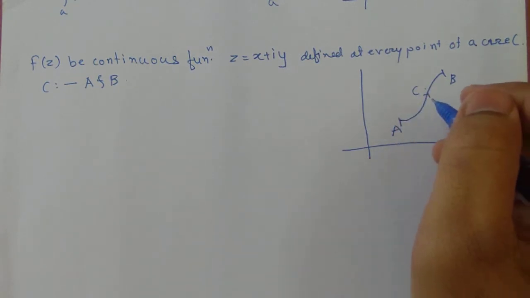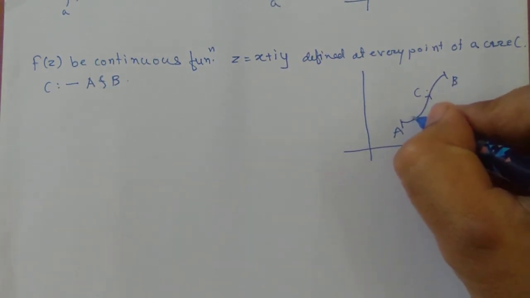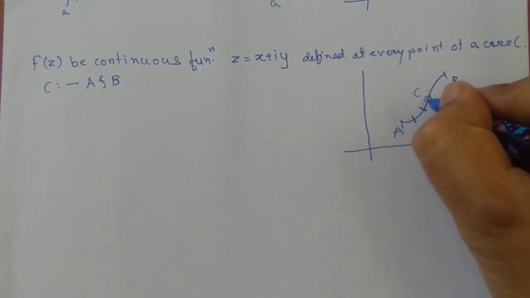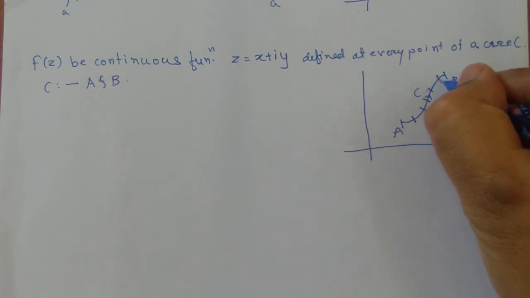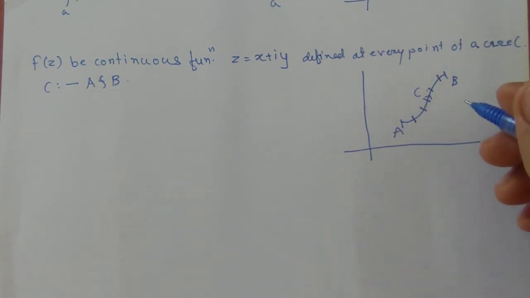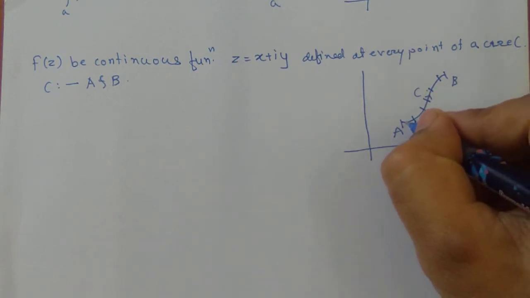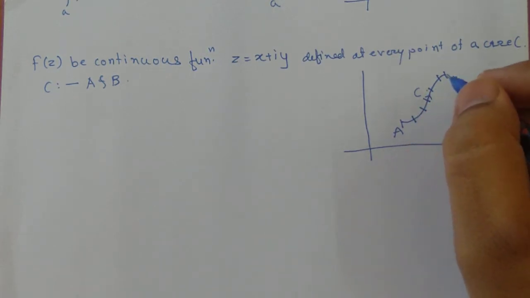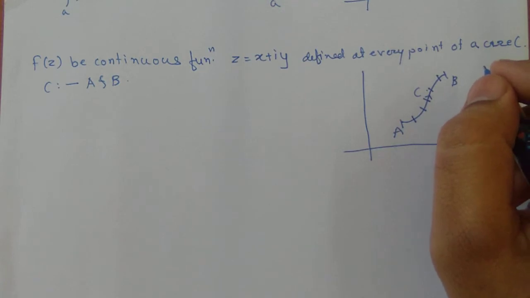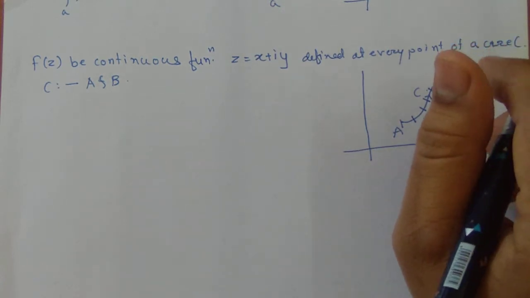Now we are going to divide this curve into n parts like that, and so on up to this. N partitions we are going to select. I call these partitions P1, then P2, then P3, and so on.